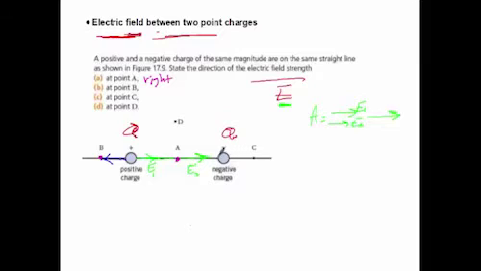For the negative, the lines are going into the charge. But because we have the same amount of charge, going back to E equals KQ over R squared, E only depends here on R. Whenever you have smaller R, you have stronger E. So the field at this point B, due to the positive charge, is stronger.